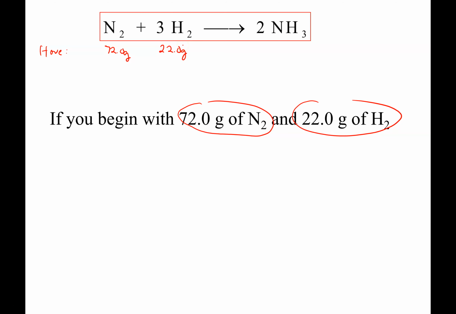Those are my have amounts. I wish we could just compare a ratio of masses to my need ratio from the balanced equation, but we can't. So I'm going to have to convert those grams into moles.